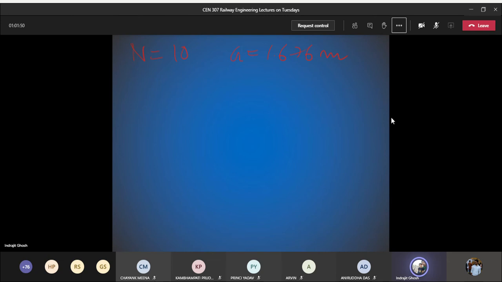So again, we are back with the value of 1.676 for G, and N is equal to cot alpha. So alpha is cot inverse N, or cot inverse 10, which is basically 5.4 degrees or so.